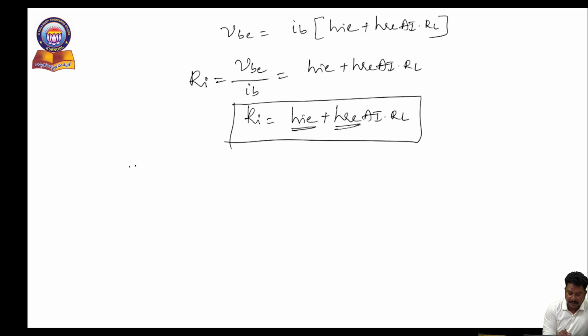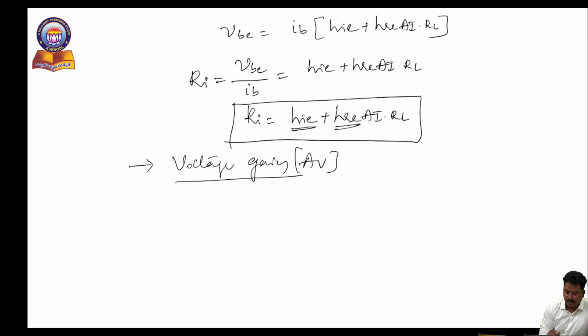The next parameter is voltage gain, defined as AV. Just now I defined that gain is nothing but output by input. Here we are concentrating on voltage gain, and the letter V in the suffix indicates that it is voltage gain.